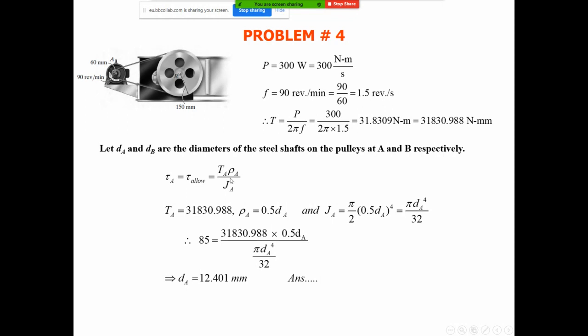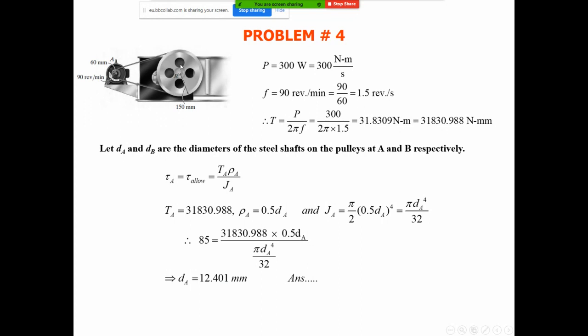Torque, you have it. Rho, you should substitute by the radius of the shaft, which is the diameter over 2, divided by the polar moment of inertia. You just calculate it from here, and you will get the diameter of the shaft at point A. Very simple, straightforward, but you have to be careful about the units.